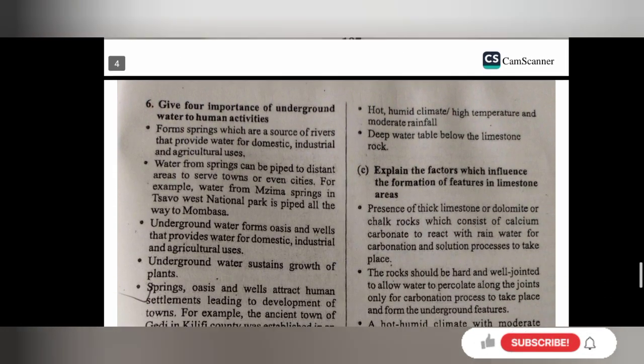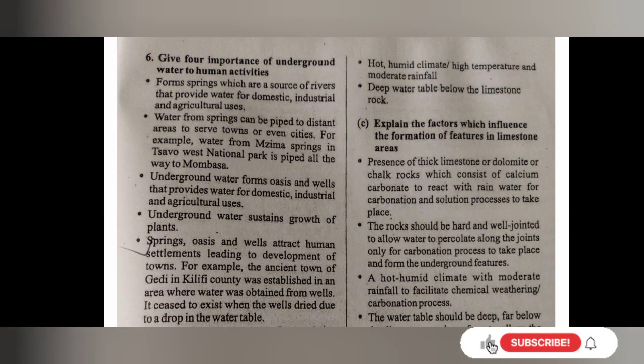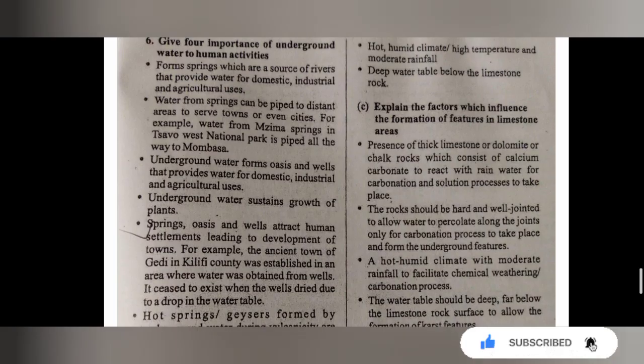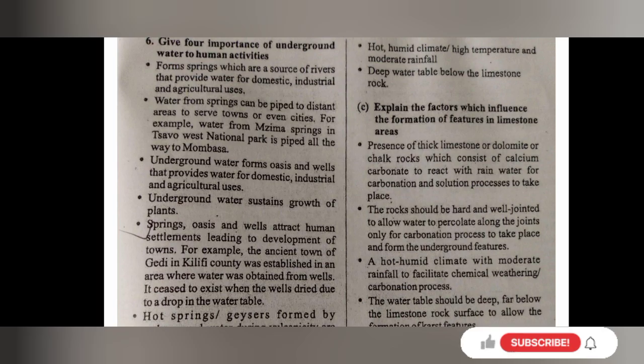Having talked about that, now I want us to talk about the importance of underground water to human activities. And the first importance of underground waters, we'll go through them very fast, is that they form springs, which are the source of rivers, and these rivers normally provide water for domestic and industrial use as well as agriculture.